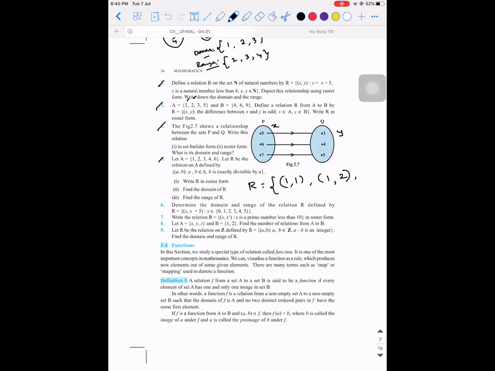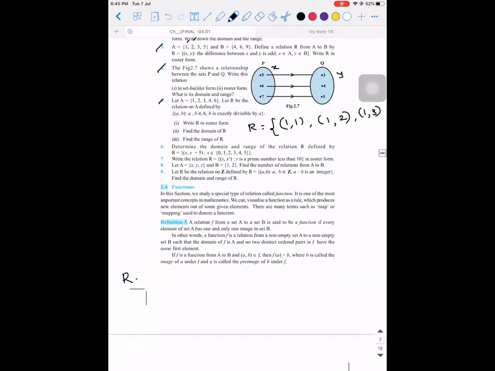No, sir. Next (1, 3): b should be divisible by a, so 3 is divisible by 1. So (1, 1), (1, 2), (1, 3), (1, 4), and (1, 6). I will write it here: (1, 1), (1, 2), (1, 3), (1, 4), (1, 6).